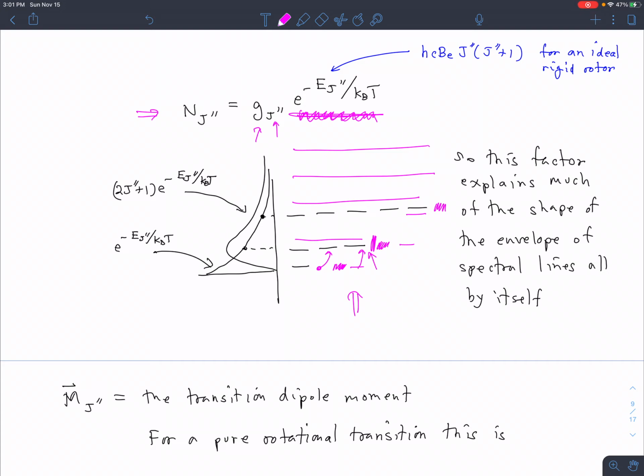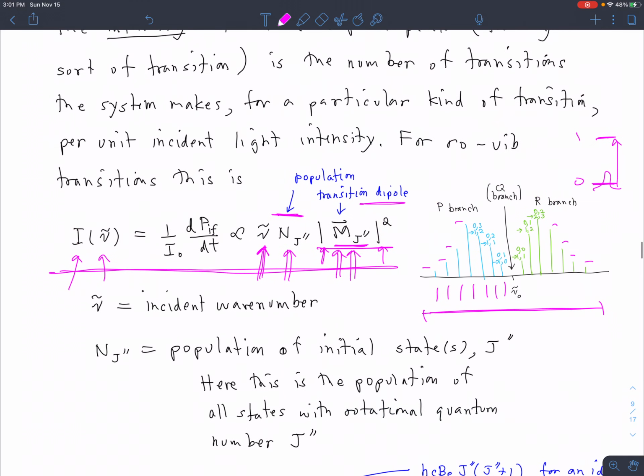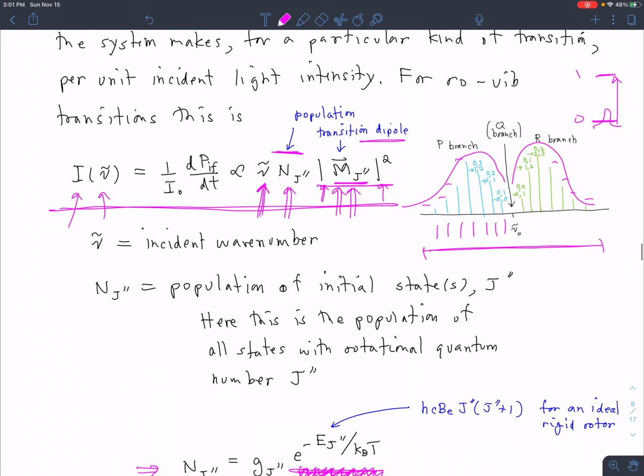And the net result is the product of the number of states in each level times the probability of being in that level at all. And that gives you a curve that looks something like this, this mountain with this peaked curve here. And you can see that peaked curve looks a fair amount like the envelope for either the P branch or the Q branch or the R branch.